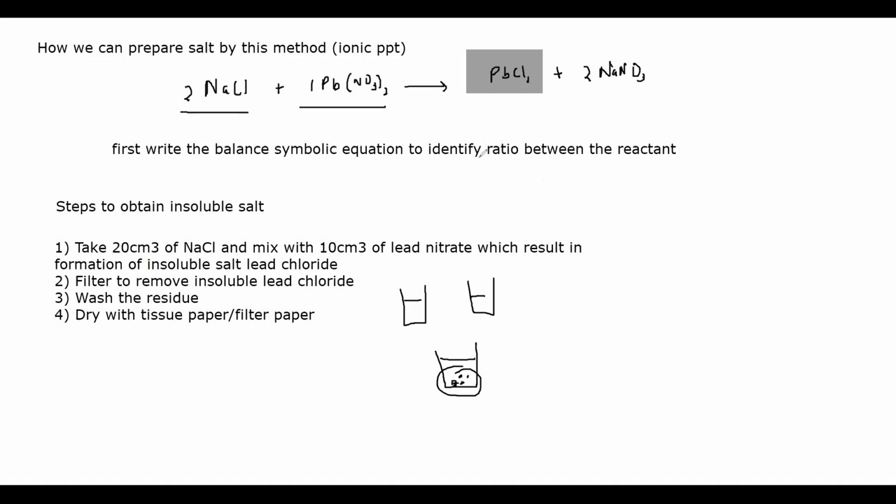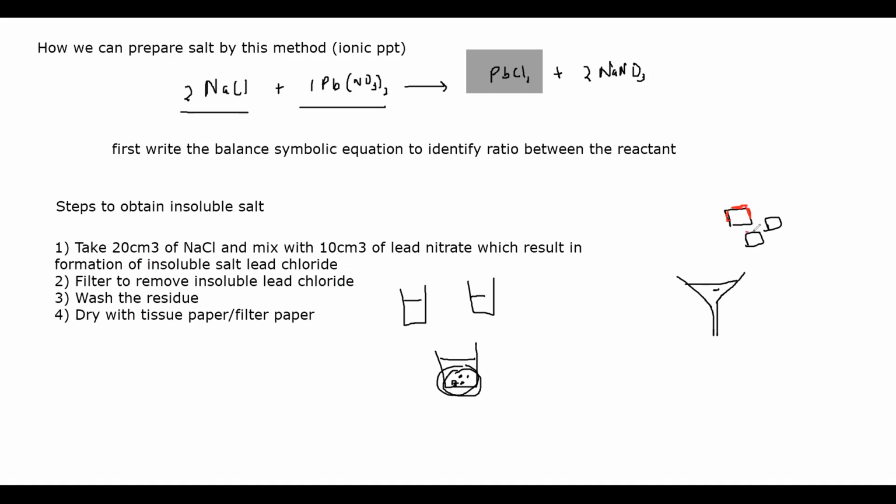But why do we need to wash this? Because when you mix them together and filter it, this salt may have some of the solution trace, like you use a conical flask and you filter it. So the crystals which are left on the filter paper may have some trace of solution on the surface.